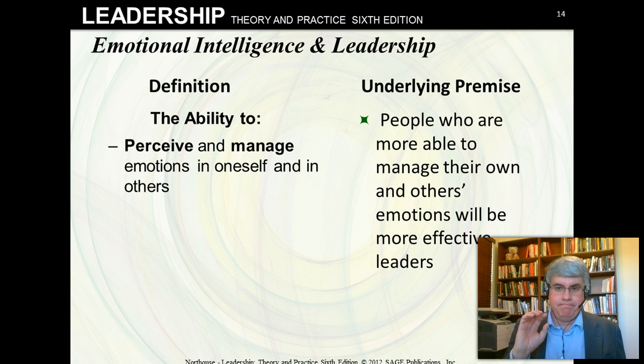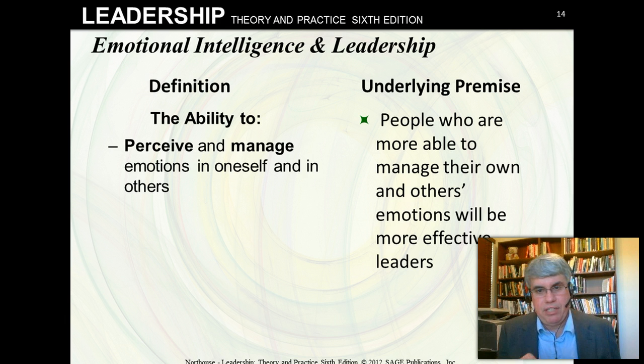But generally, it's creating the positive emotions in oneself and in others that fits this definition of emotional intelligence. And the underlying assumption to this is that people who are more able to manage their own and others' emotions will be more effective leaders.